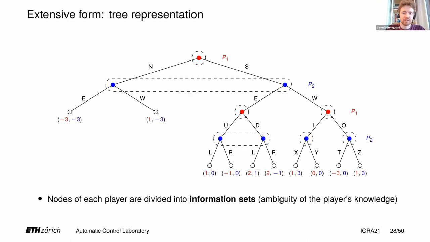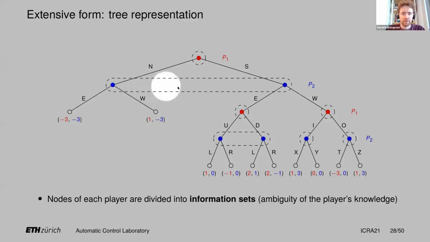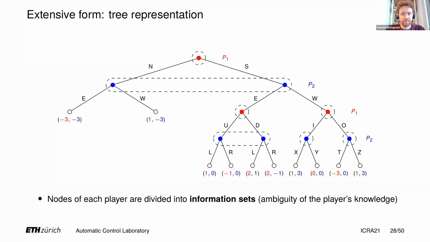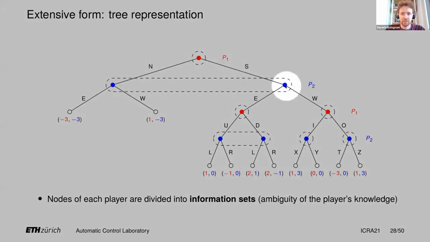Now, a tricky part, which is not so obvious, is the introduction of information sets. Information sets are sets that we draw on top of the tree, which contain nodes of the same player, and they represent the ambiguity in the player's knowledge. So for example, player 2 here doesn't know if he's in this node or in this node.